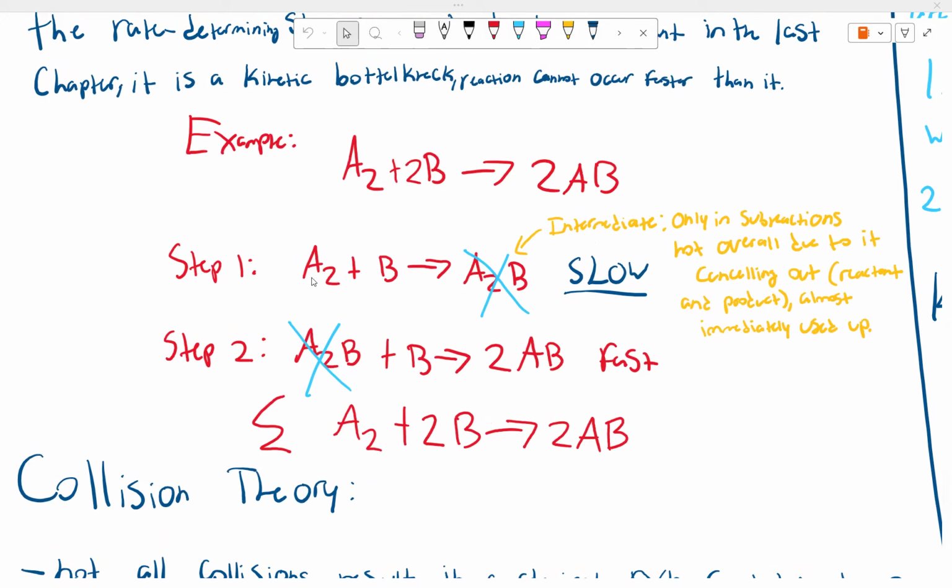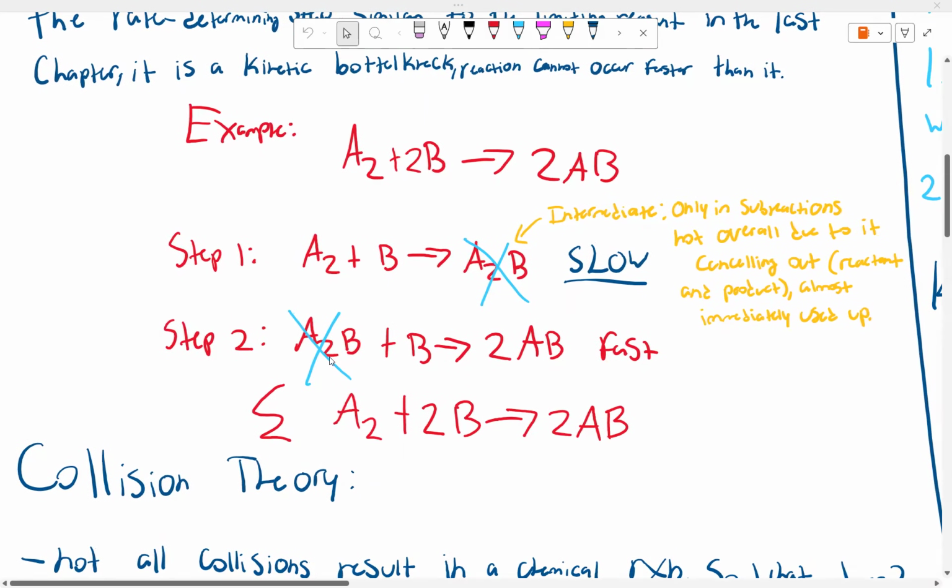So step 1, you have A subscript 2 plus B gives you A subscript 2B. This is going to be an intermediate, A subscript 2B, because notice in step 2 that this is a reactant now instead of a product. So it's A subscript 2B plus B gives you 2AB. And this is the fast step.